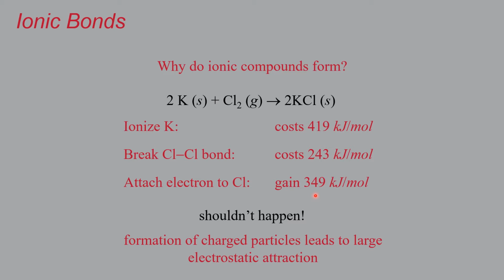Well, we're missing the fact that the formation of the charged particles can potentially lead to a very large lowering in energy by nature of the electrostatic attraction between the oppositely charged particles. And that's exactly what happens.